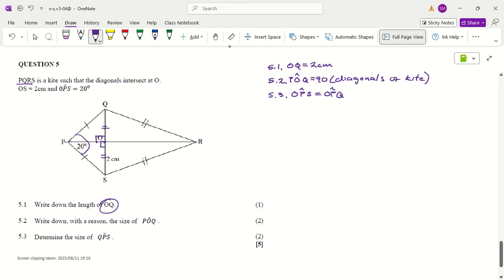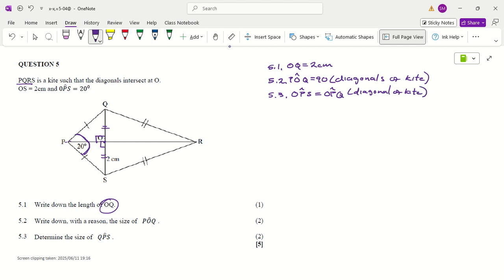It's because the diagonal of a kite bisects this angle here. So your reason is the diagonal of a kite bisects the angle.